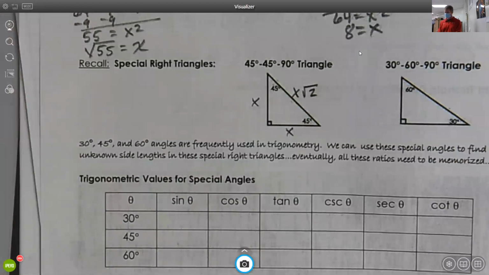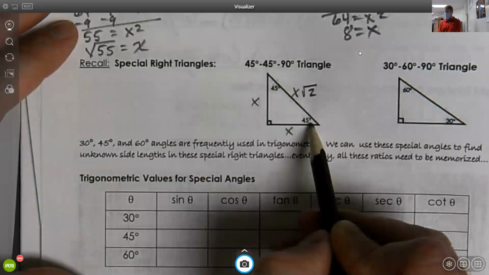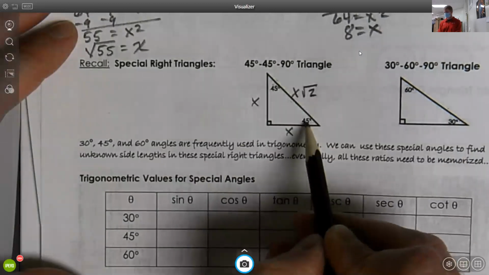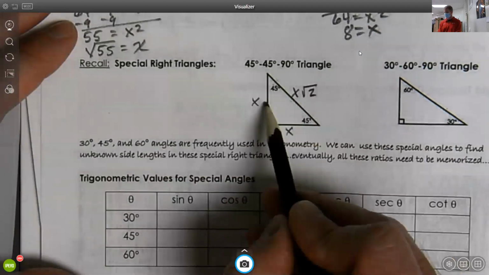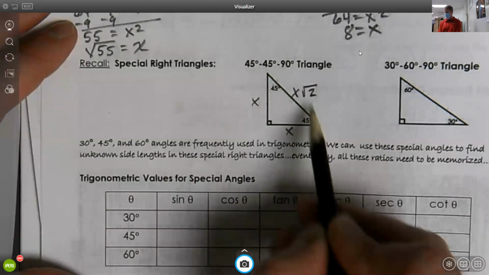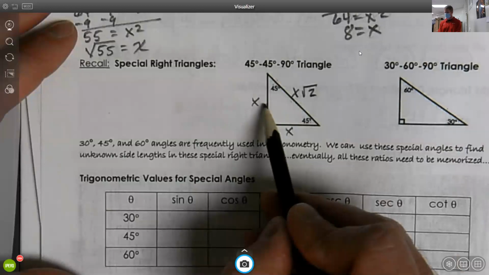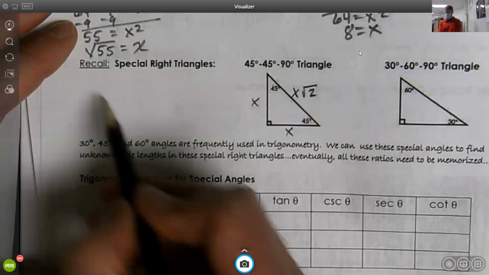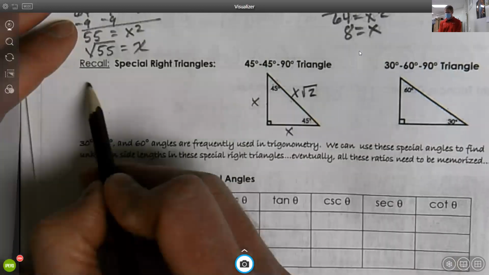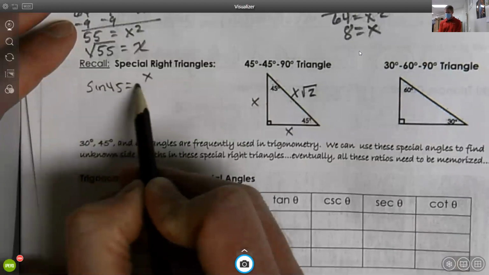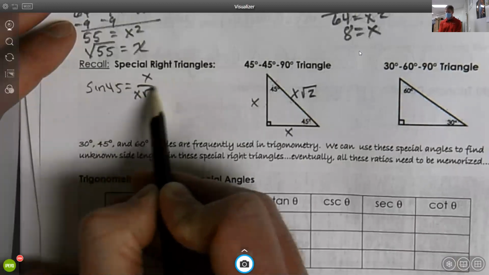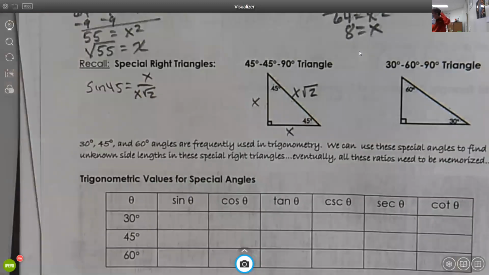So when we look at this and we go from an angle and we look at the opposite and the hypotenuse, we look at the sine of that, opposite over hypotenuse. So the sine of 45 equals x over x√2.